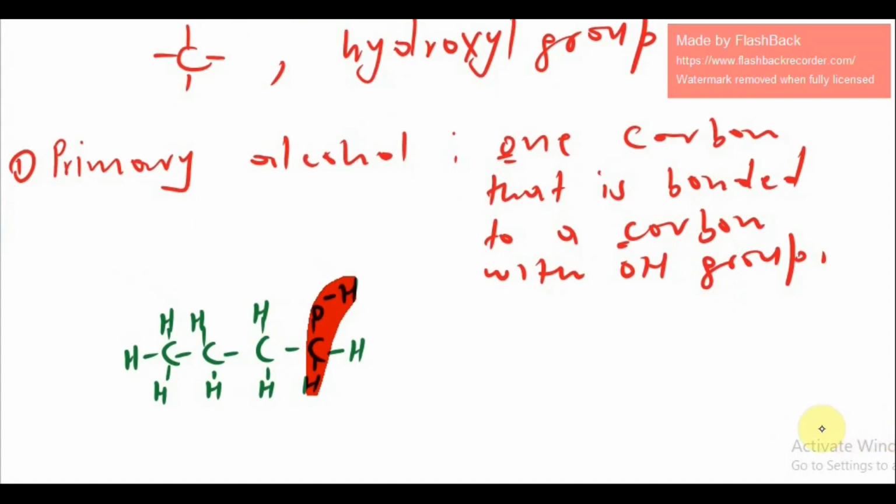How many carbon atoms are attached to it? I can see only one carbon atom, this one. This is the only carbon atom attached to this carbon. Therefore, butan-1-ol is a primary alcohol, right?